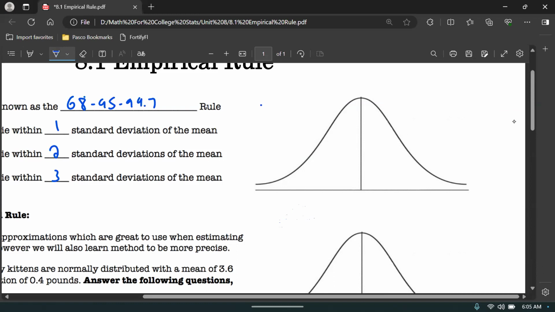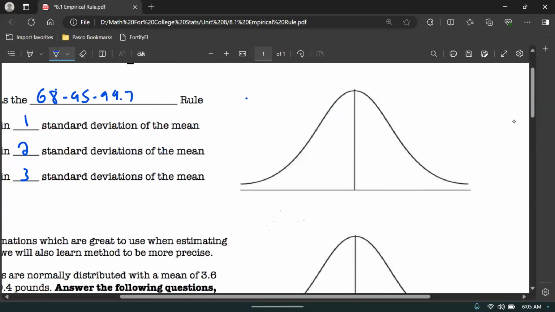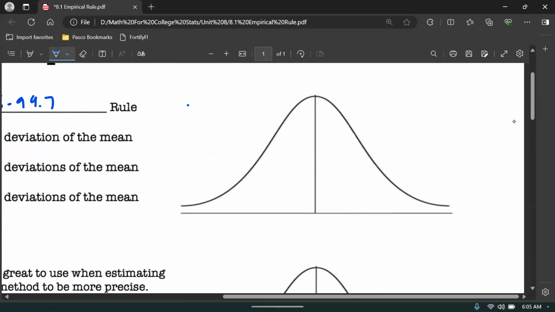In the middle of the normal distribution, it'll come as no surprise, we have the mean. And then right around here, this would be one standard deviation, and then a second standard deviation, and then a third standard deviation. So just some distance away.